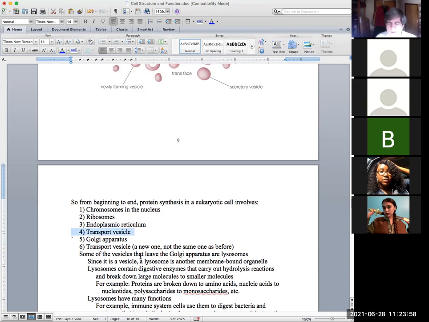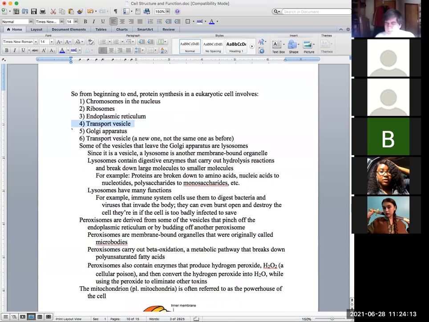So notice if we look at these, the nucleus is a membrane-bound organelle. The endoplasmic reticulum is a membrane-bound organelle. The transport vesicles are membrane-bound organelles. The Golgi apparatus is a membrane-bound organelle. So lots of membrane-bound organelles, and we're not completely done with them yet.